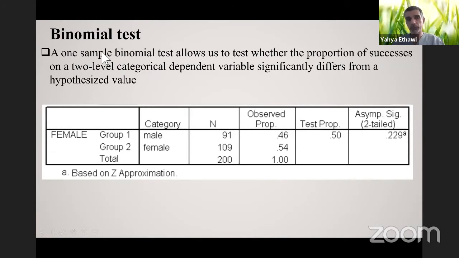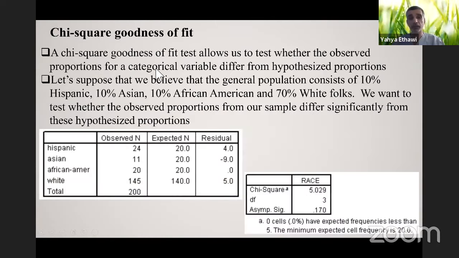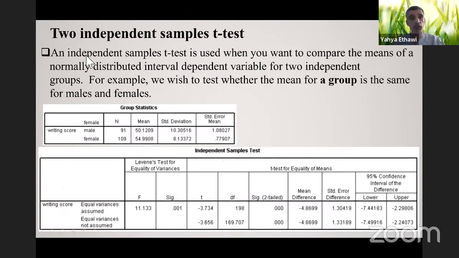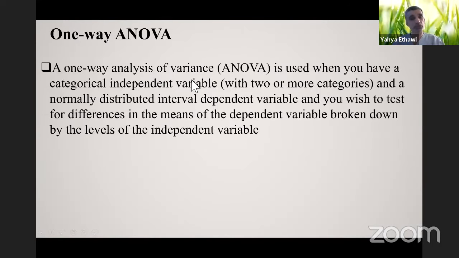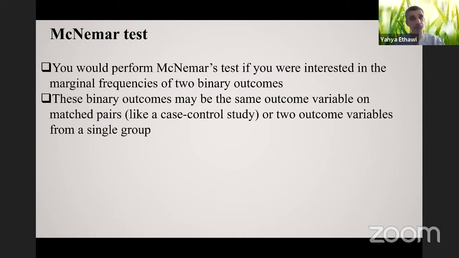So we do binomial tests. When you give the feedback, the system will tell you what test you need to do, but you need to know how to interpret. Chi-square test, again, I'm not going to speak about it. Two independent sample t-test, Wilcoxon, Mann-Whitney test, and so on. There are many tests. They are all mentioned here.